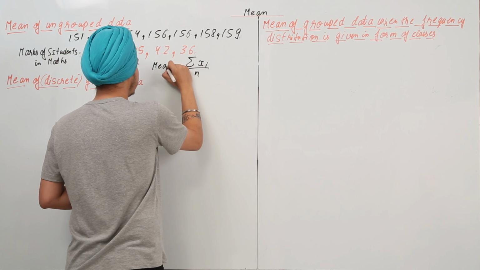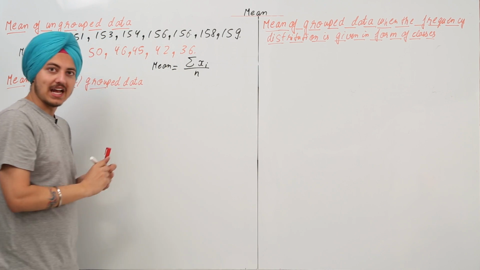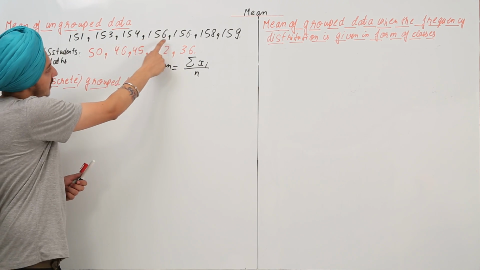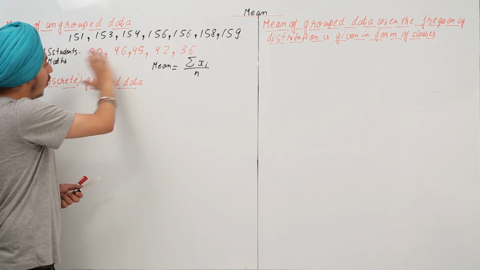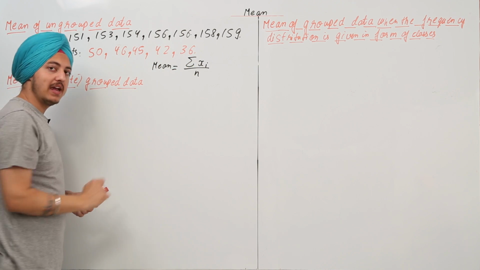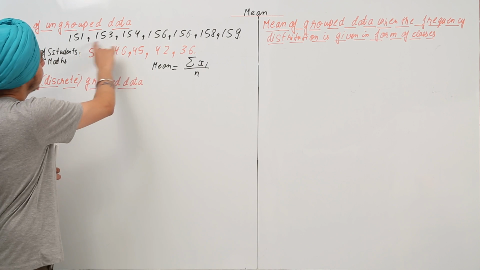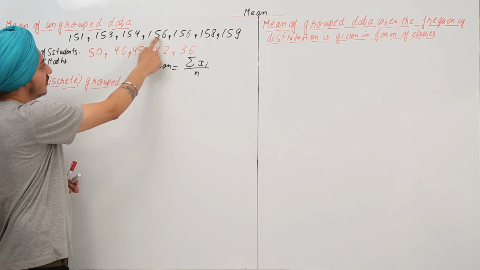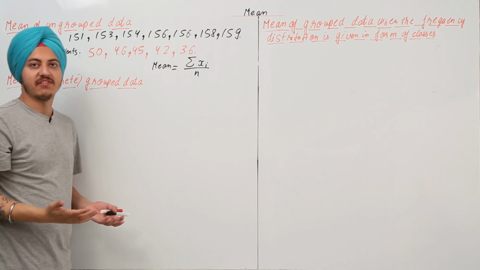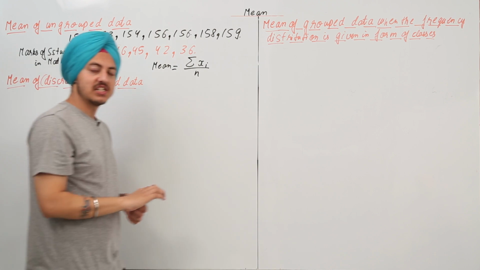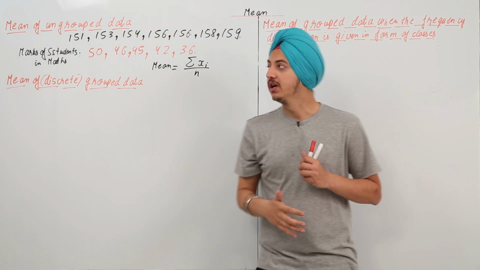This is the mean. What is xi? This is x1, x2, x3, x4, x5. Add all of these, then divide by 5 in this case. And for the above data, add all of these and divide them by 7. That is the way to calculate the mean of an ungrouped data.